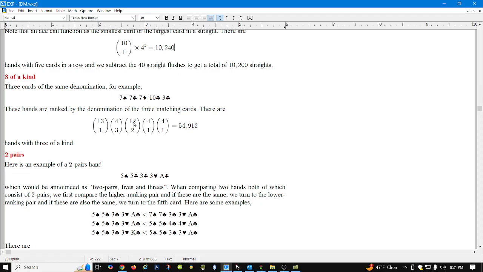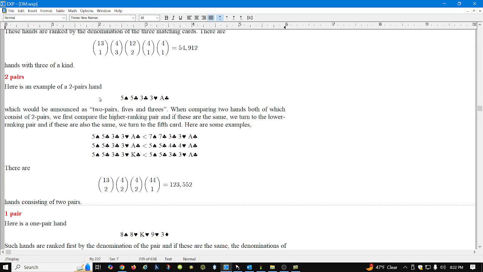Among the remaining 12 denominations, choose 2, because the rest of the hand has to consist of 2 cards of a different denomination. Otherwise, you'd have a full house. So choose 2 other denominations and choose 1 card of each denomination. 54,912 3-of-a-kind hands.